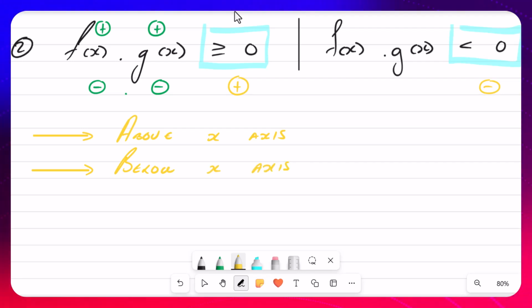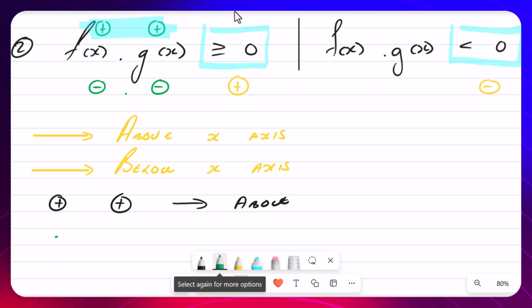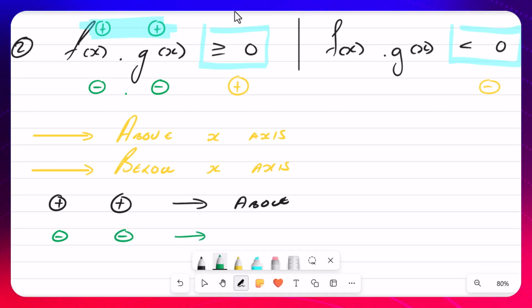So the one that we have here, both positives, would mean that both graphs f of x and g of x would need to be above the x-axis. This is where you actually have to shade it in to see if you are right or wrong. Then the negative would mean that both graphs would need to be below the x-axis. I'm going to stop here for now.